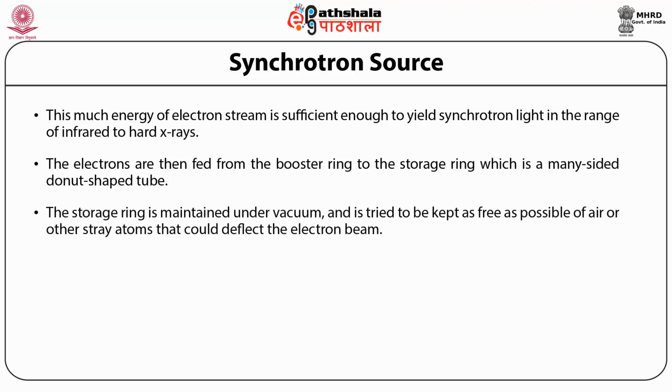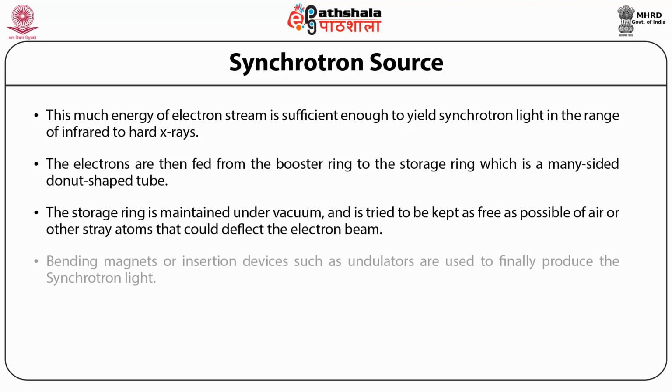The storage ring is maintained under vacuum and is kept as free as possible of air or other stray atoms that could deflect the electron beam. Bending magnets or insertion devices such as undulators are used to finally produce the synchrotron light.